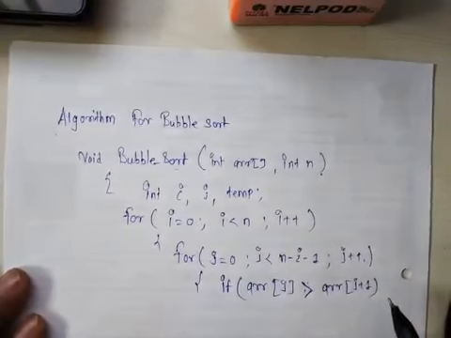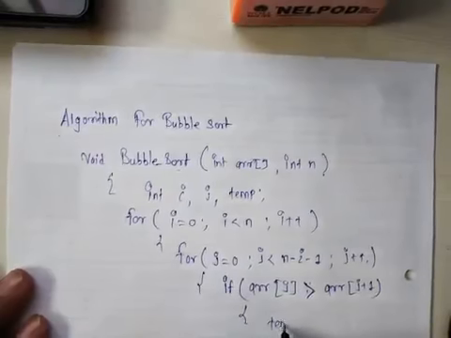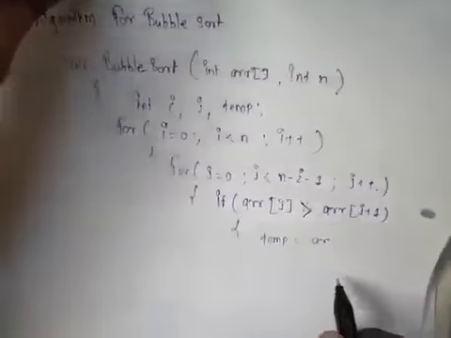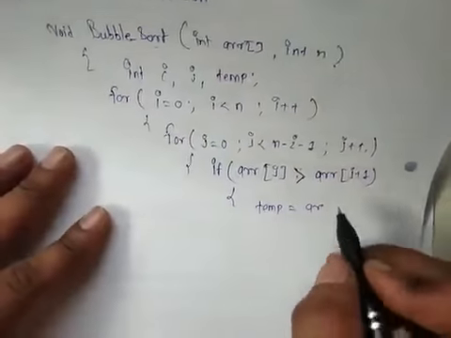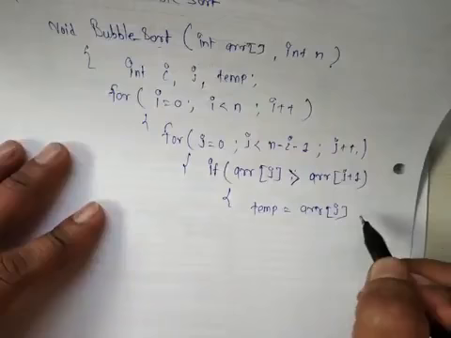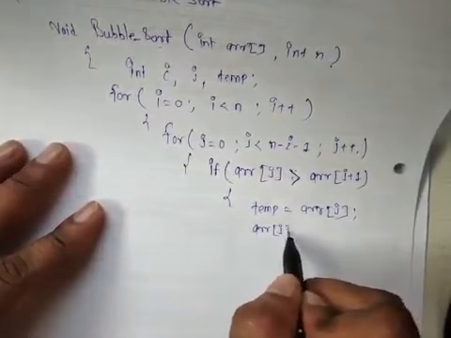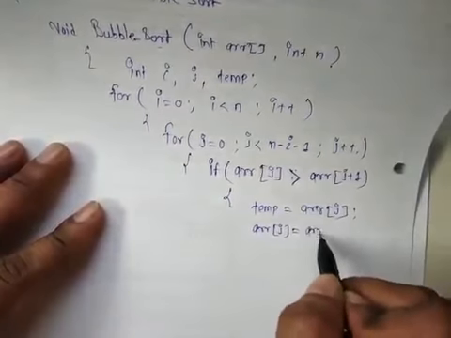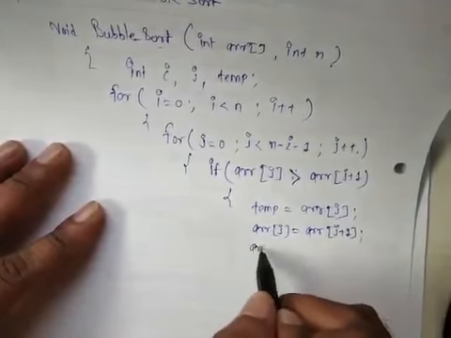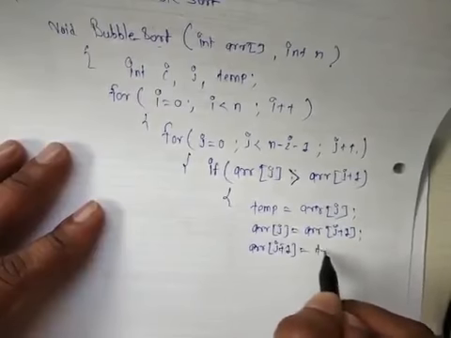Okay, array of j plus 1. If this condition is satisfied, then I'm going to swap, that is temp is equal to array of j, and then array of j is equal to array of j plus 1, and array of j plus 1 is equal to temp.